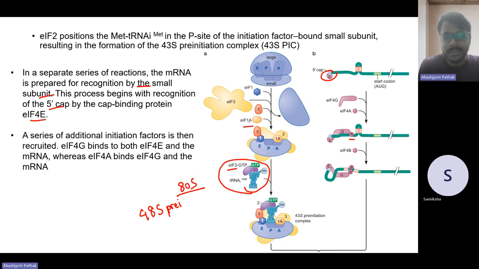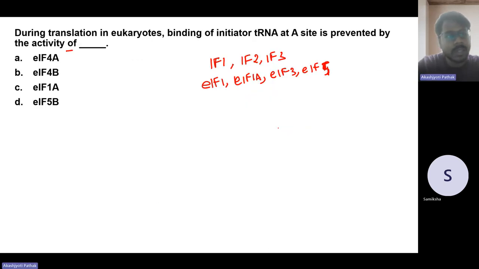You see here, 1A. Initiation factor 1 is binding to the E site, and initiation factor 1A is binding to the A site. So the answer is initiation factor 1A.